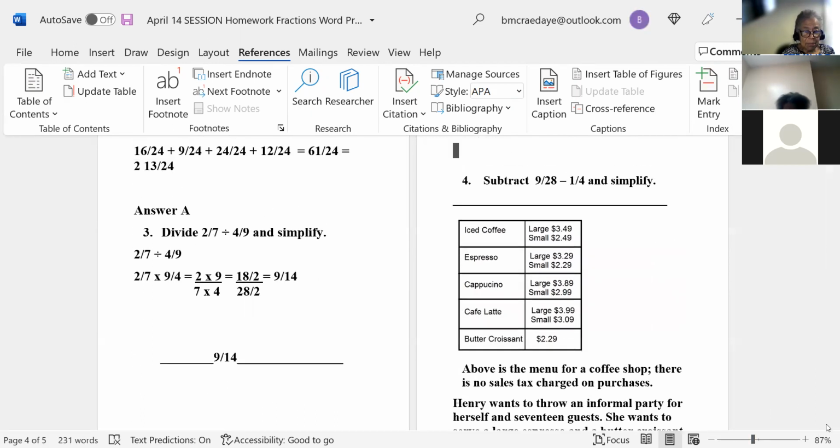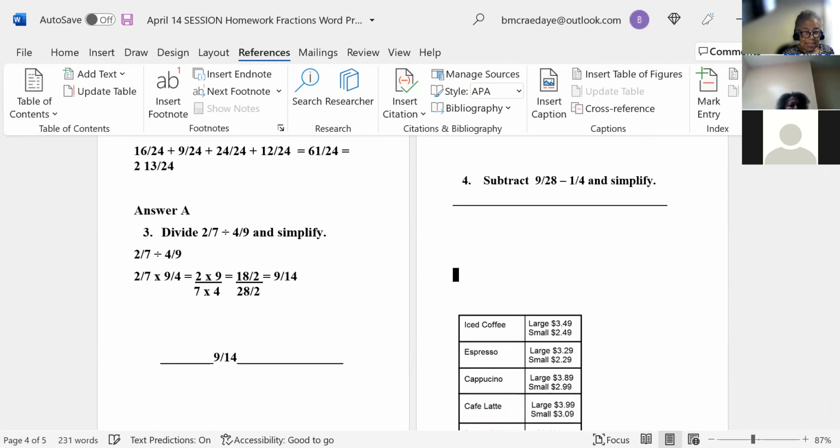Okay, here we go. Now we're subtracting 1/4 from 9/28. Now we see they are not the same denominators. So which one will we convert, Vanessa, to make the denominators the same? 28 is the bigger number.